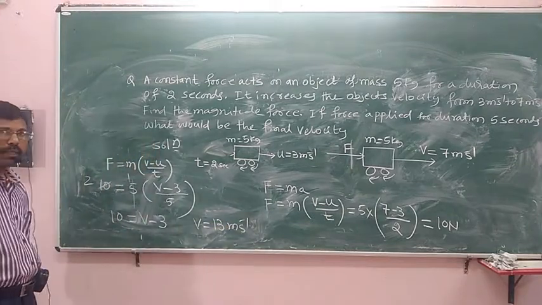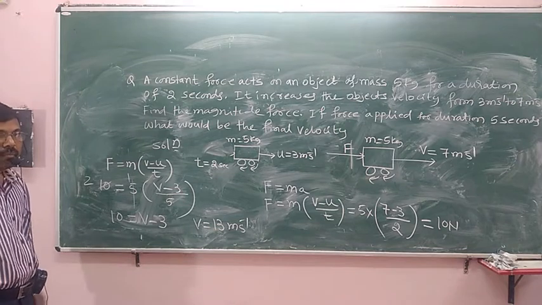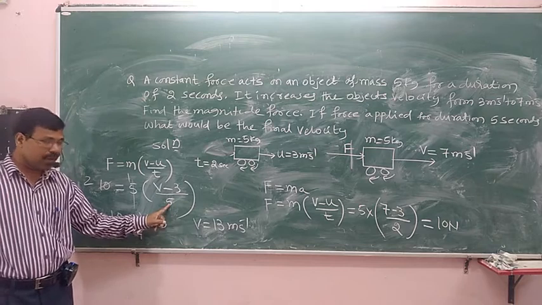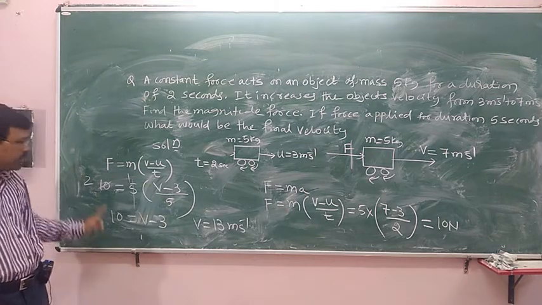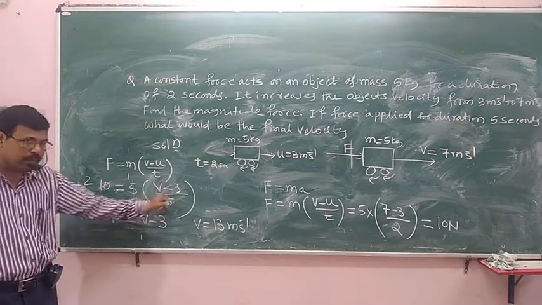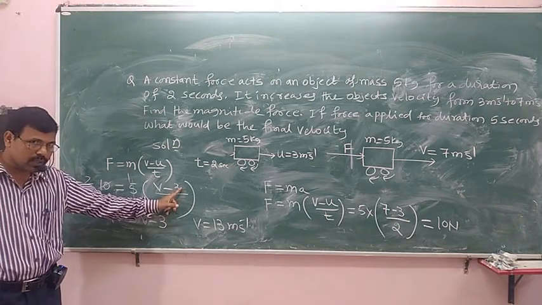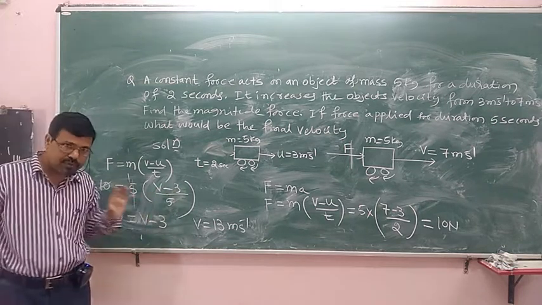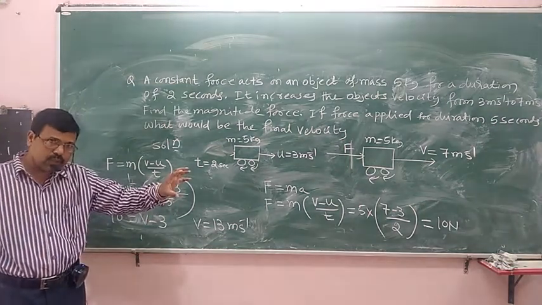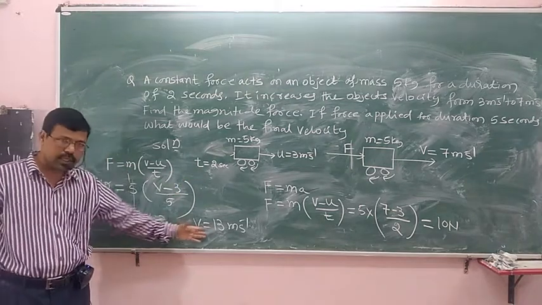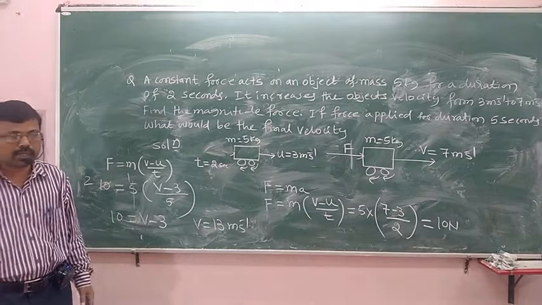Here the duration is 5 seconds. The final velocity v we have to calculate. After the 10 Newton of force is applied for 5 seconds, its velocity is 13 meter per second.